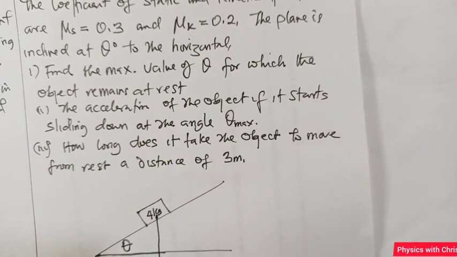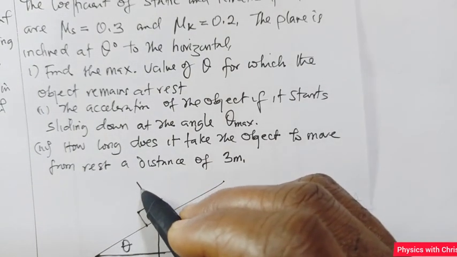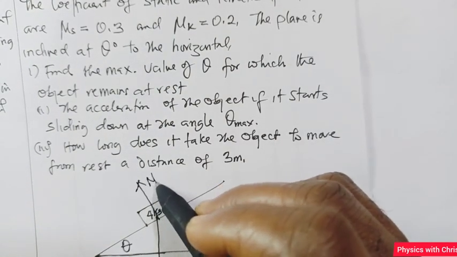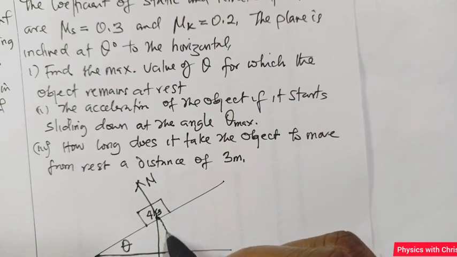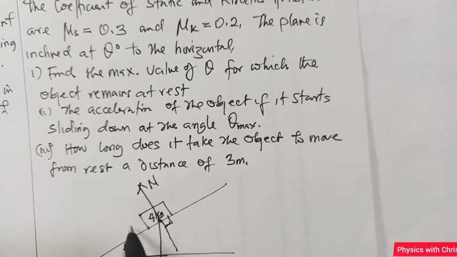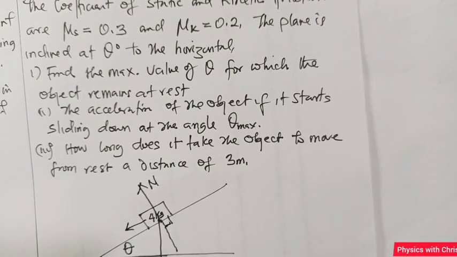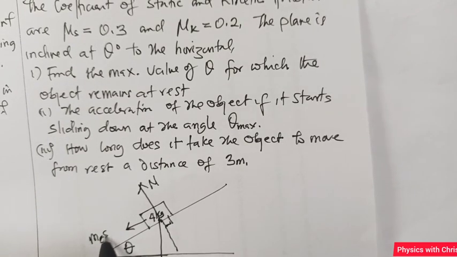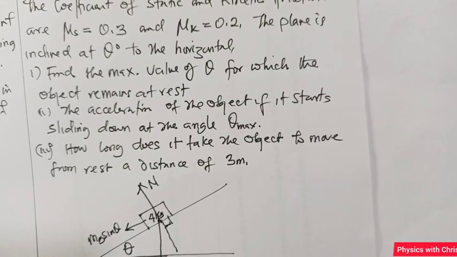Number 1 is the weight of the body acting vertically downward, that is mg. Now we have the normal force. The normal force N is always acting in the direction perpendicular to the surface of the plane. Then we have the component of the weight, which is mg sin theta, that acts down the plane, parallel to the plane.